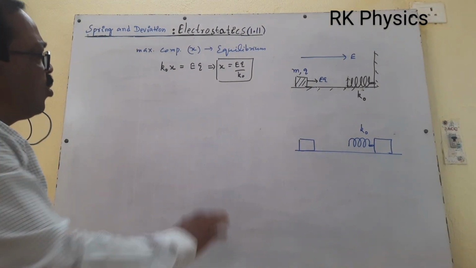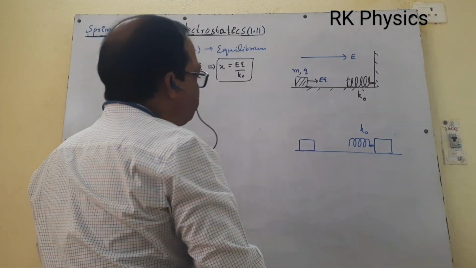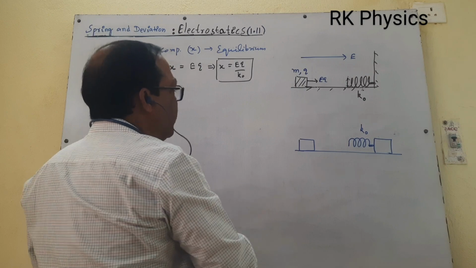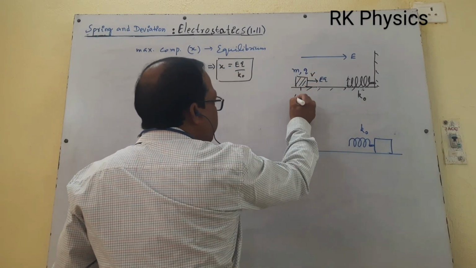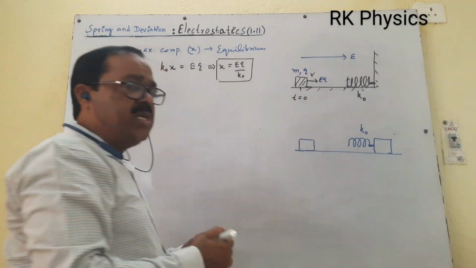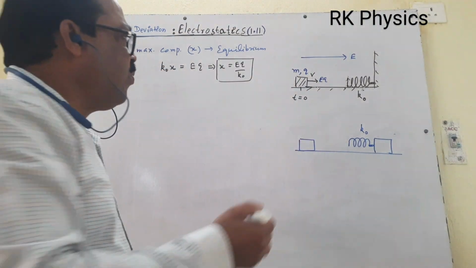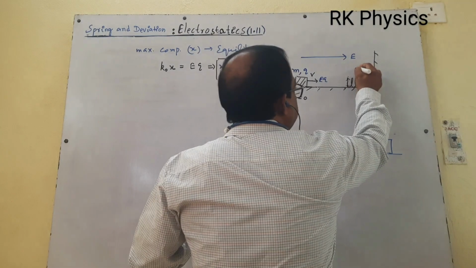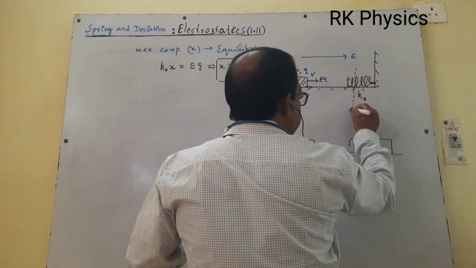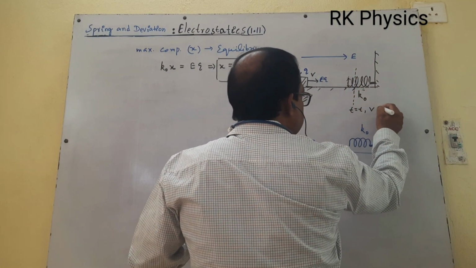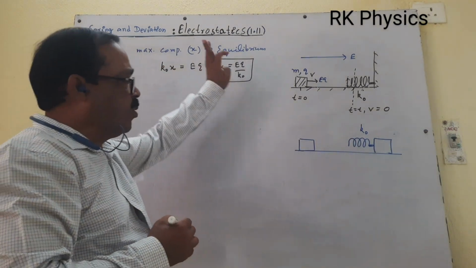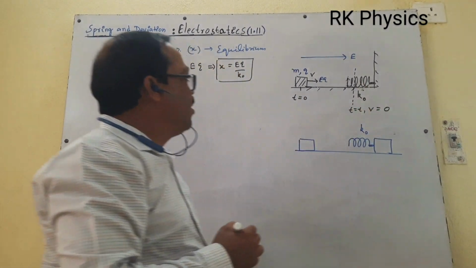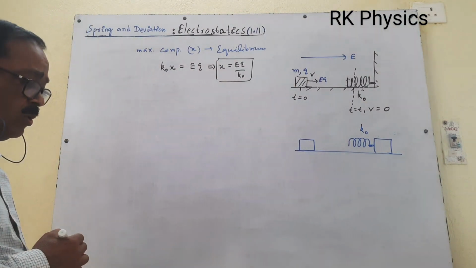Now, the charge starts with initial velocity v at t equal to 0, and at a certain time t, the spring is compressed maximum, that is, equilibrium, so the final velocity is 0.